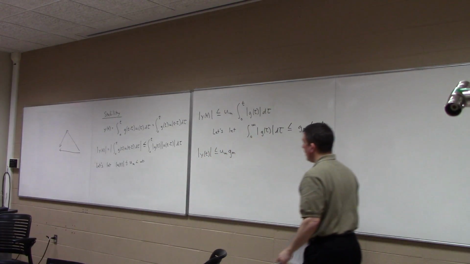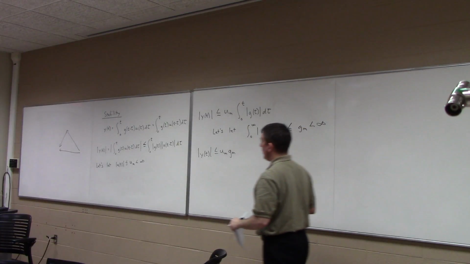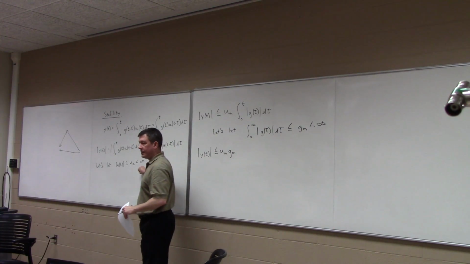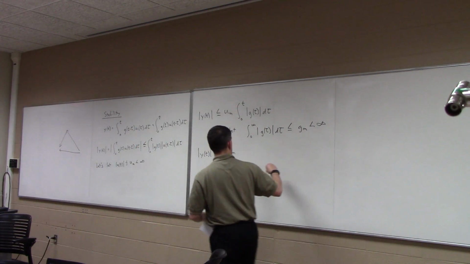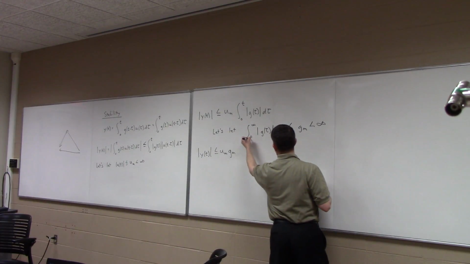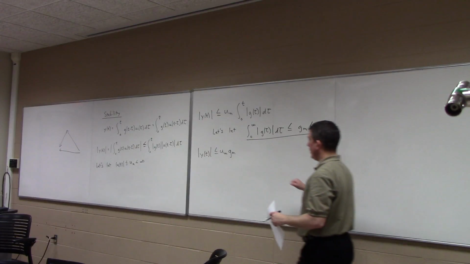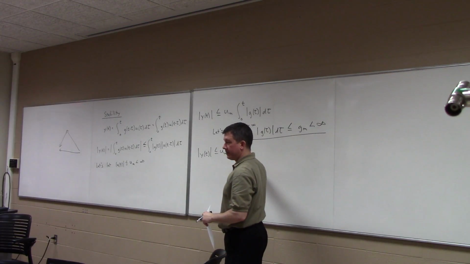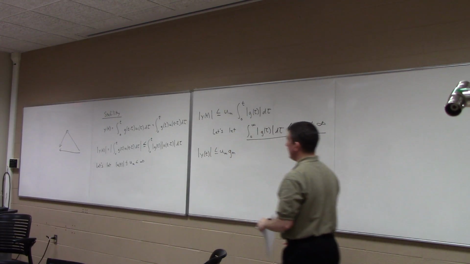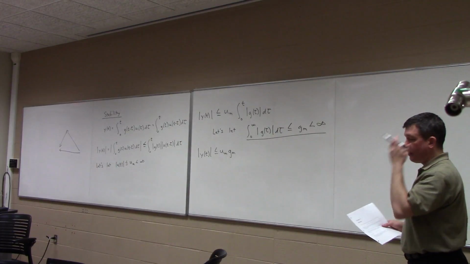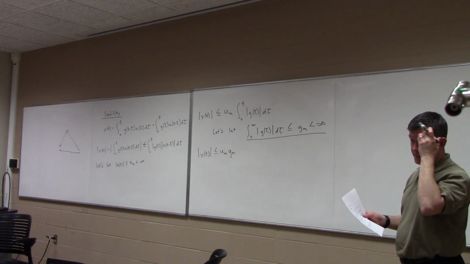So if I limit my input, so I don't have any crazy infinite inputs, and this thing holds true, then my output will be limited in some way, shape, or form, okay? So this is what defines a stable system in terms of bounded input, bounded output, right?